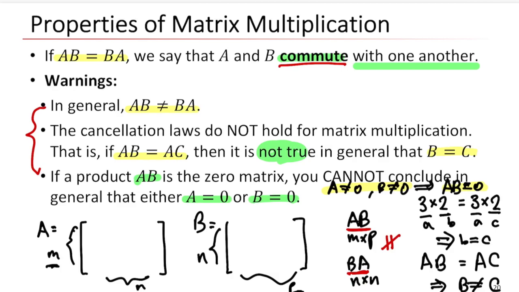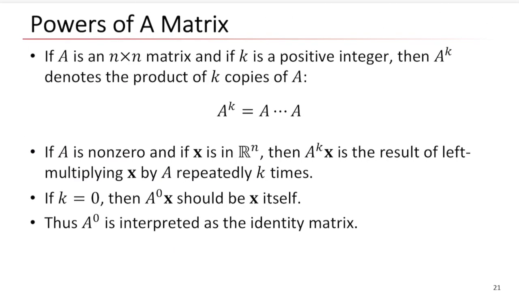Okay, please be careful. There is one more concept, the powers of a matrix. Let's say we have a matrix A that is n by n, a square matrix, and k is a positive integer, like 1, 2, 3.